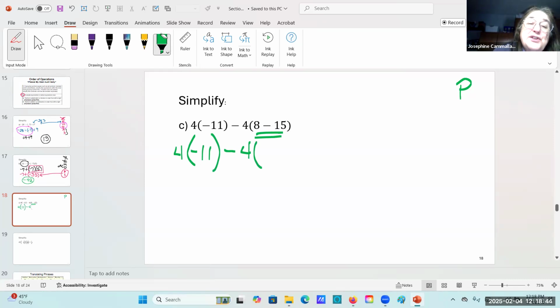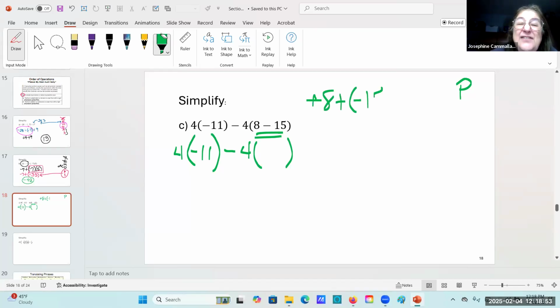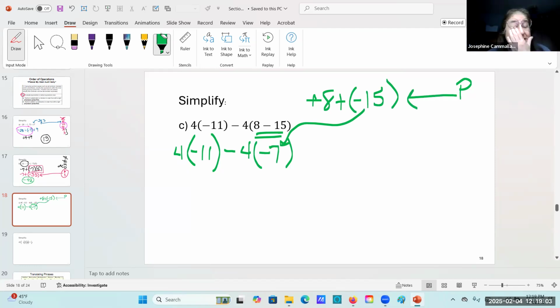Minus, okay, what's going inside this parentheses? A positive 8 plus a -15 makes this number a -7. Okay, that's our parentheses.